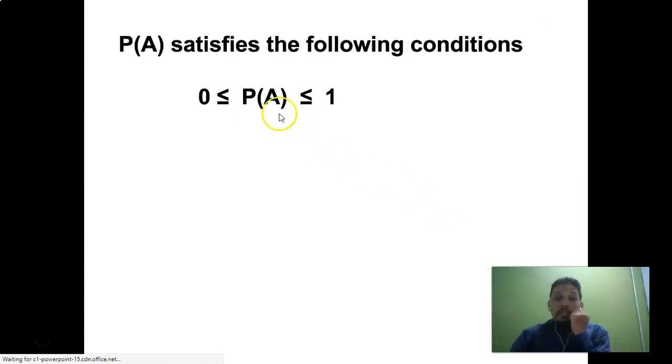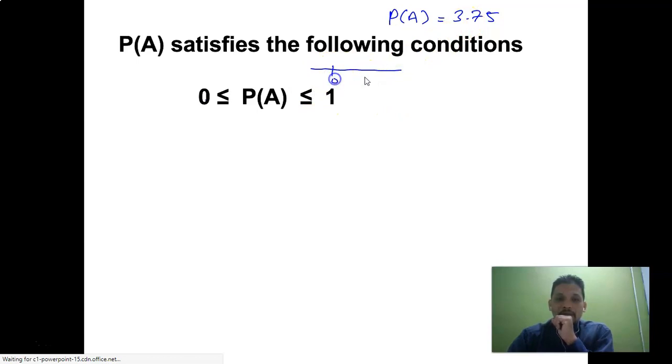Okay. So then the result of probability lies between, or can be equal to, 0 and less than or equal to 1. It should not be, for example, probability of A equal to 3.75. 3.75 is greater than 1. Okay.